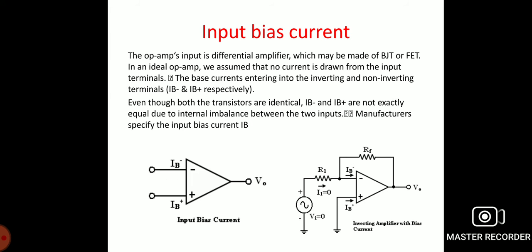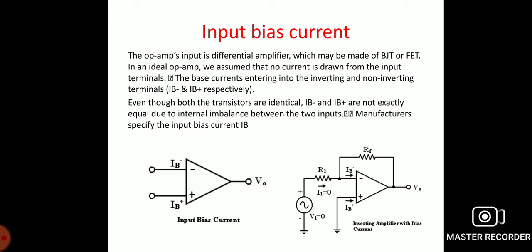First we can move to the input bias current. The operational amplifier input is a differential amplifier which may be made of BJT or FET, that is a current controlled device or voltage controlled device. An ideal operational amplifier assumes that no current is drawn from the input terminals, but there are base currents entering the inverting and non-inverting terminals, that is IB minus and IB plus respectively.